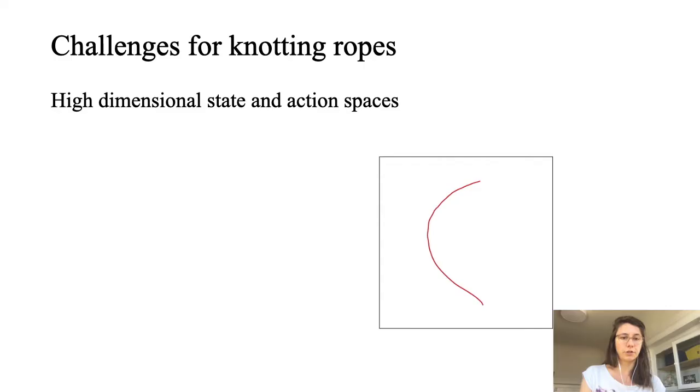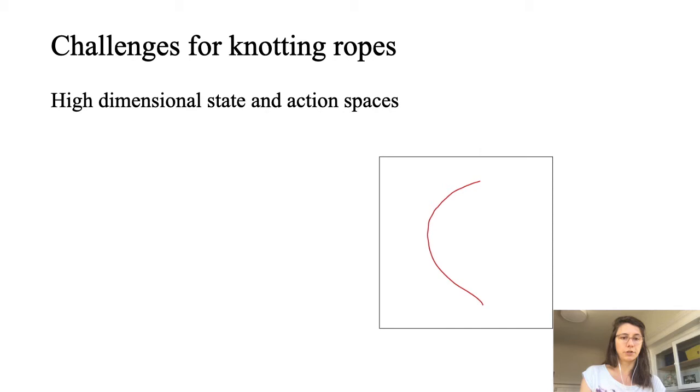And so, of course, as I already said, manipulating deformable objects such as rope is challenging in general because these objects have a very high-dimensional state and action space. A rope modeled by finite element method can easily have 100 degrees of freedom.